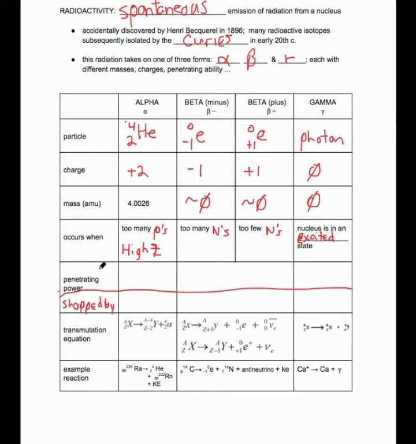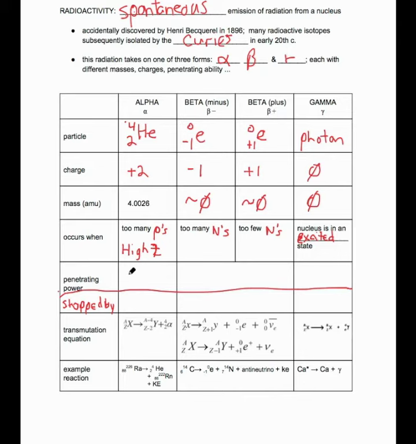In other words, when they encounter a living cell or a metal, they will ionize it. They will knock electrons off the atoms, because the energies of these are on the order of mega electron volts, whereas the ionization energy of most valence electrons is on the order of just electron volts. So one particle can ionize thousands of atoms.